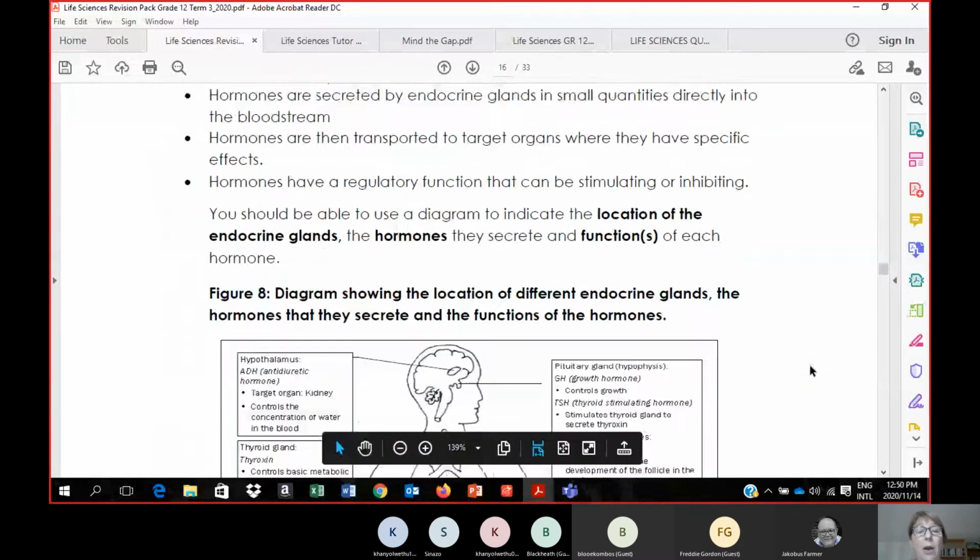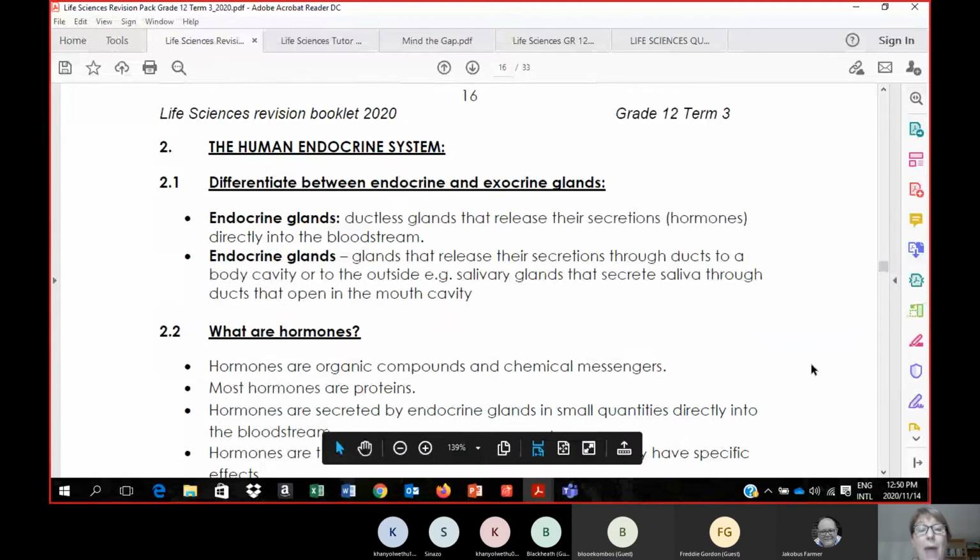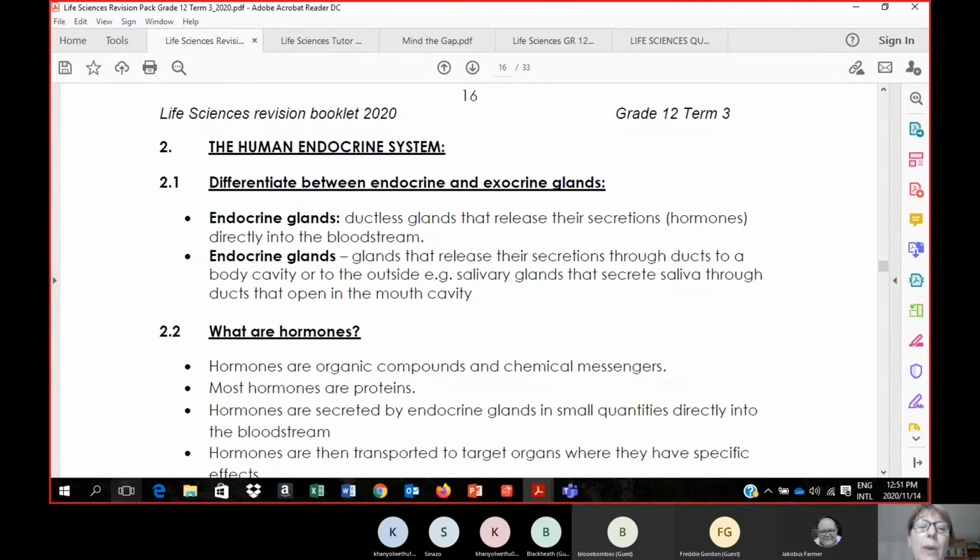Now, to be honest, there isn't all that much that I need to do with you and the reason is because a lot of these names of the hormones we either did in grade 11 or we discussed them when we did reproduction earlier on. So a lot of these hormones you actually are familiar with already.